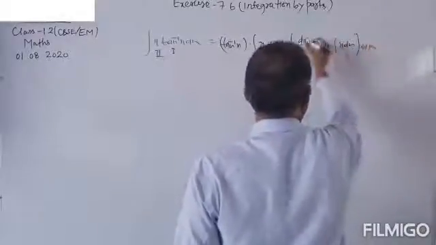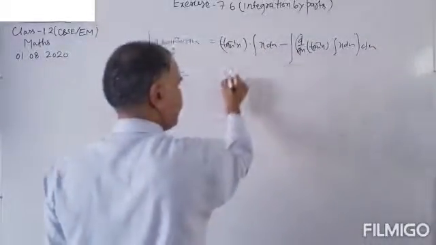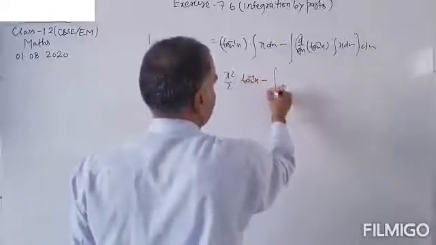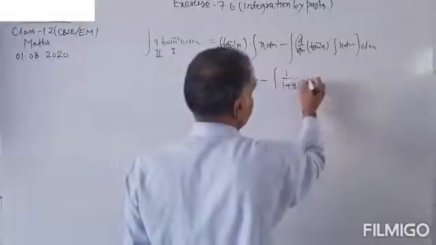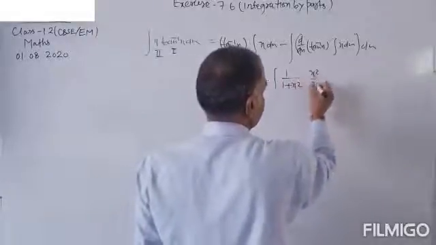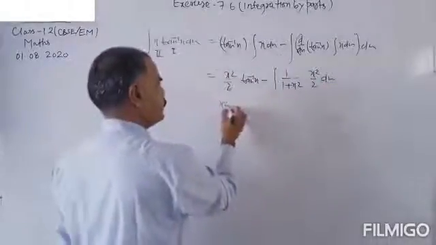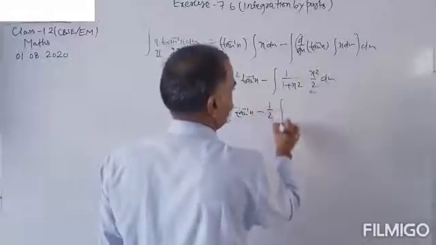So this is equal to the integration of x, which is x square by 2, multiplied by tan inverse x, minus the differentiation of tan inverse x, which is 1 upon 1 plus x square, and the integration of x, x square by 2, dx.